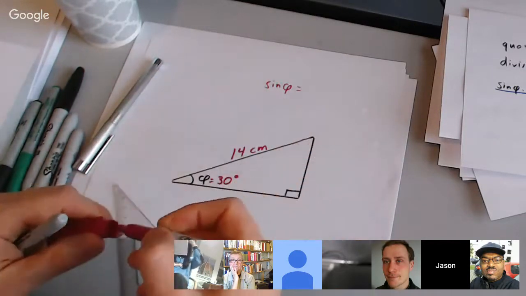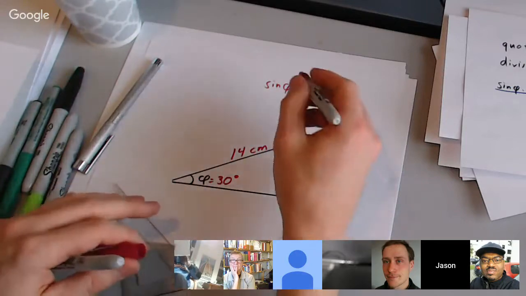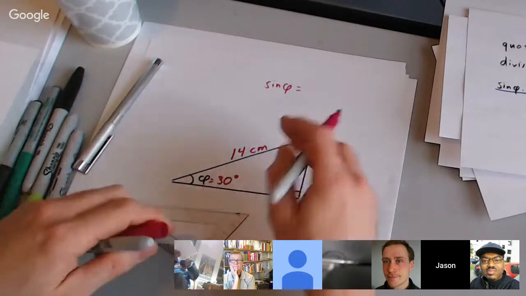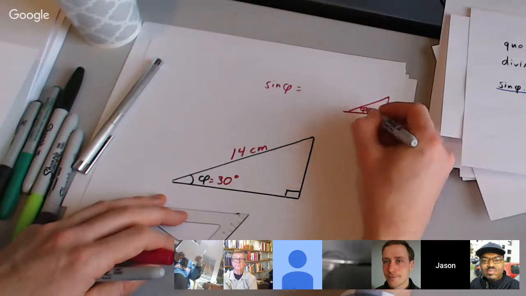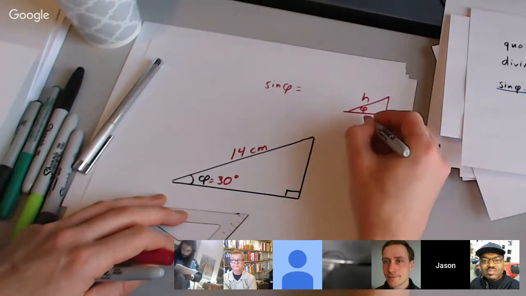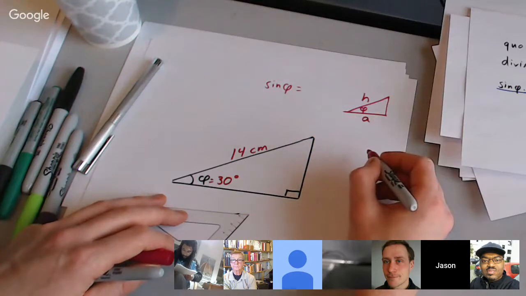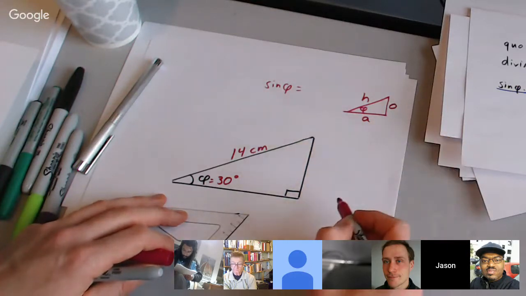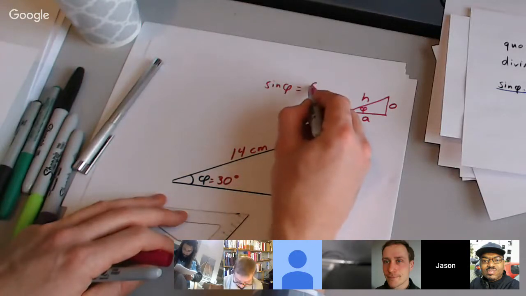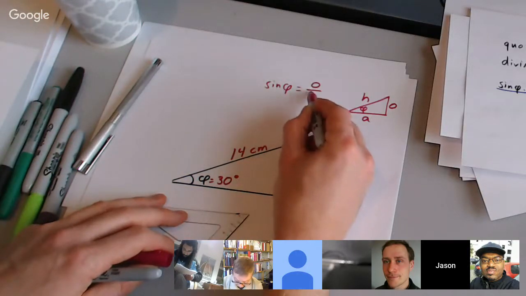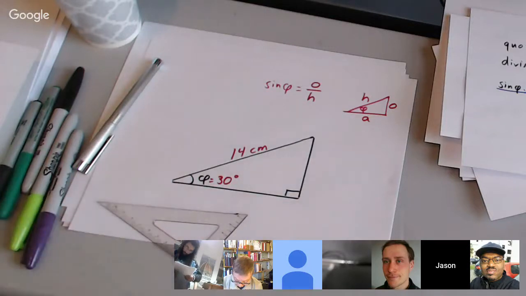This is always true in any right triangle you ever have. We've got the hypotenuse, the side adjacent to the angle, and the side opposite the angle. The sine of an angle is always the opposite side divided by the hypotenuse.